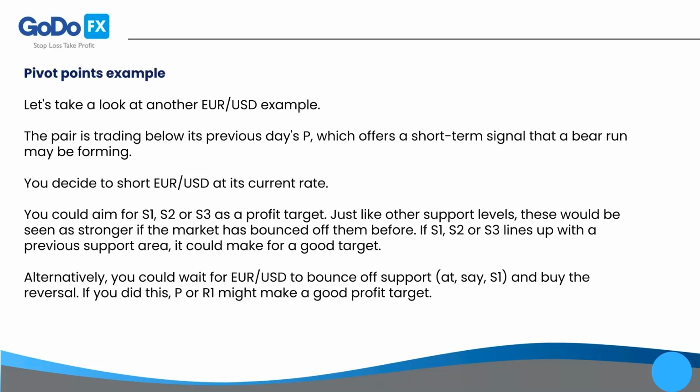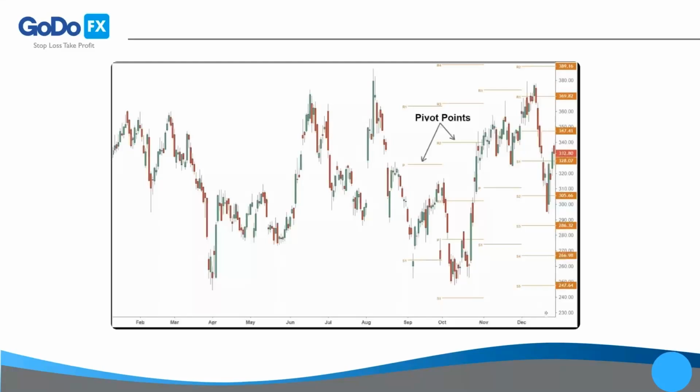So we always have to look at S1, S2, S3. This shows us how strong the support is. Alternatively, you could wait for EURUSD to bounce off support at say S1 and buy the reversal. If you did this, P or R1 might be a good profit target. As in the example we mentioned before in this graph, we can see the support down and the pivot points.